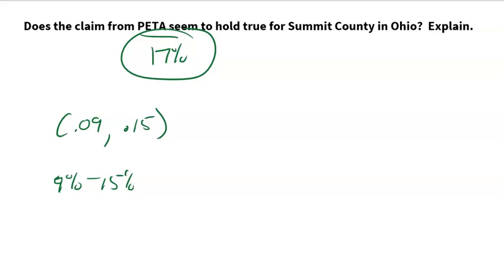I'm not saying that PETA is wrong, but what I do know is that for Summit County, that claim does not hold true. In Summit County, I would gamble that the truth is lower than 17%, because I believe the truth to be between 9 and 15%. So therefore, the claim of 17% does not hold justification in Summit County because it's not in the interval.